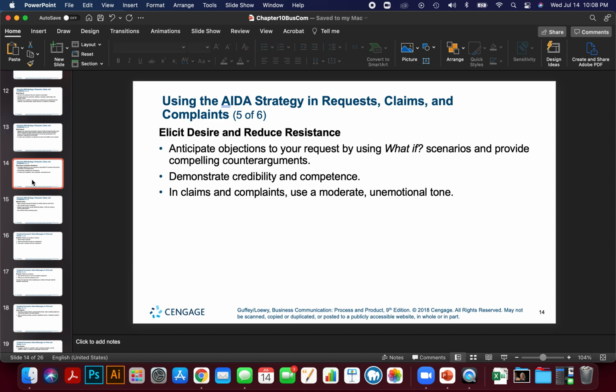Next, we're going to elicit desire and reduce resistance by anticipating the reactions and objections to what we're going to get. We're going to use what-if scenarios and provide compelling counter-arguments. So we're going to make them picture what our solution would look like with them. We're going to demonstrate that credibility and competence.